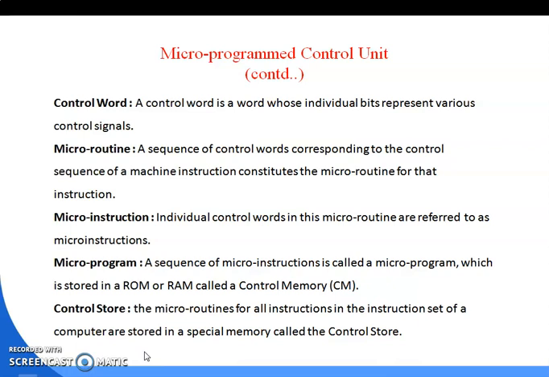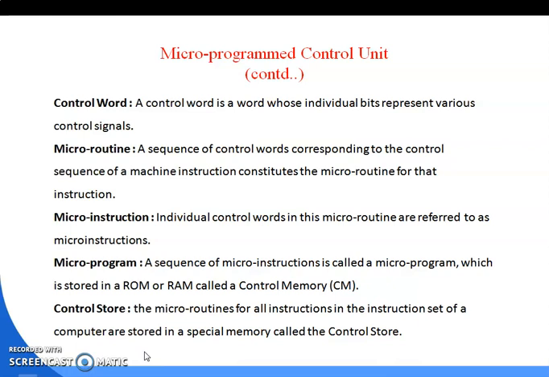Next, the microprogram unit is a little slower than the hardware unit, because the instruction must be fetched and decoded before the signal is generated. That's why it takes a little more time compared to the hardware unit.